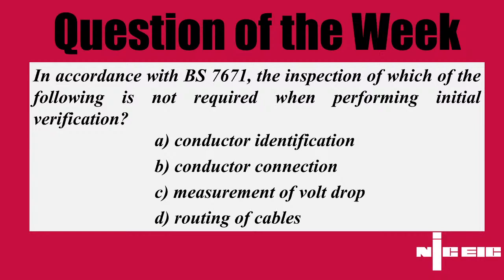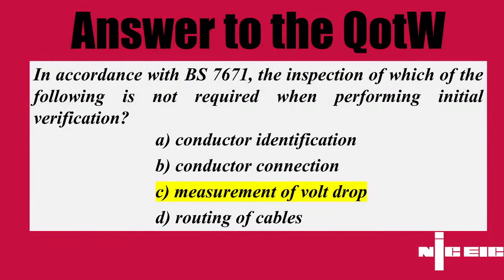So which one of those four is not a requirement for inspection during initial verification? What was our answer there, Dan? The answer is C, measurement of volt drop.